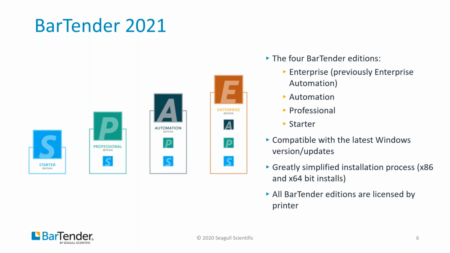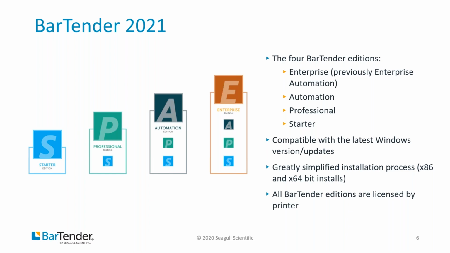Professional Edition is primarily focused on connecting label designs to external databases and selecting or inputting data at print time through configurable data entry forms. The newest Starter edition is an entry-level offering for small businesses and departments who have simple label creation and printing needs. Note that each higher edition contains all the features of the editions below it.